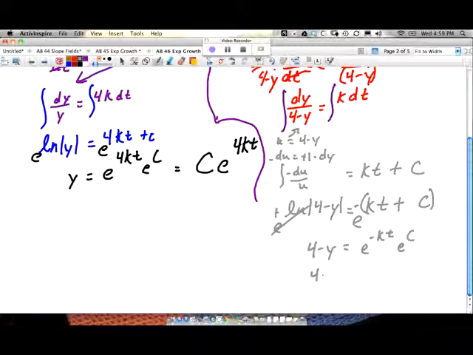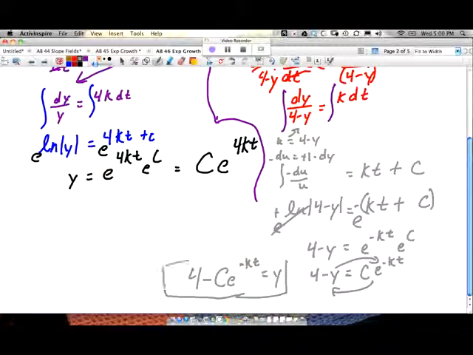So it's really 4 minus y equals, we're almost there, ce^(-kt), and then we finish it off. We move y over to the right, we move ce^(-kt) to the left, and then we're going to have in the end here, 4 minus ce^(-kt) equals y. Boom! Shakalaka. There we go.